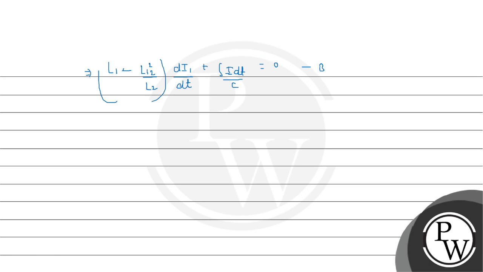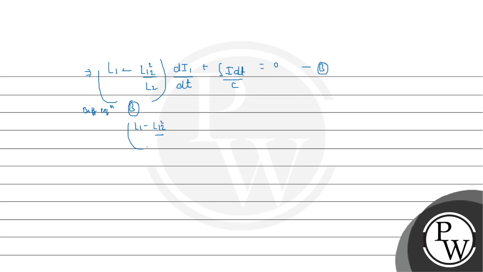Now on differentiating equation B one time, we will get I1 double dot.